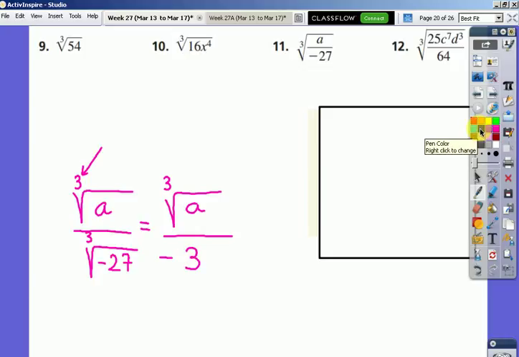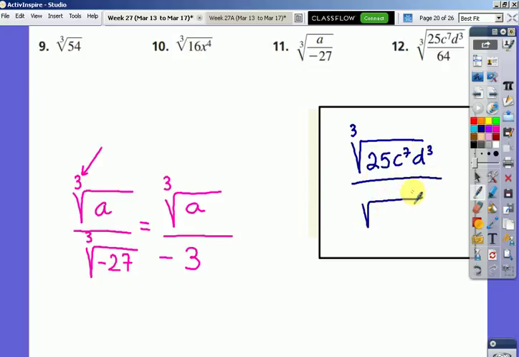Number 12. Again, I'm dealing with a fraction, a rather complicated one, but I'm going to deal with it one thing at a time. Numerator first, then denominator. So, cube root of 25, c to the 7th, d to the 3rd, over the cube root of 63.